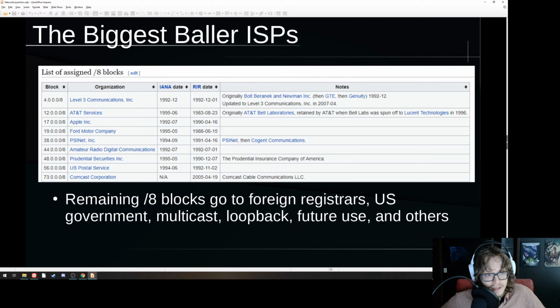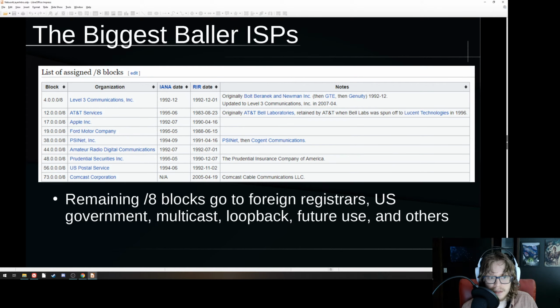So all of the largest ISPs in the United States that were around back then have their /8 blocks from back then. You'll also see some surprising ones like Ford, Apple, and the U.S. Postal Service. A few of the /8 addresses are actually allocated to military use and to the federal government, so those aren't pictured here, but some of those are allocated to the military and the federal government.